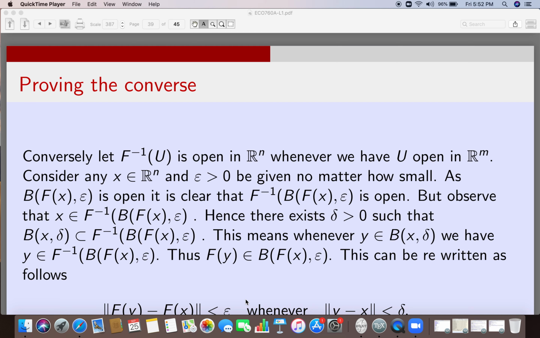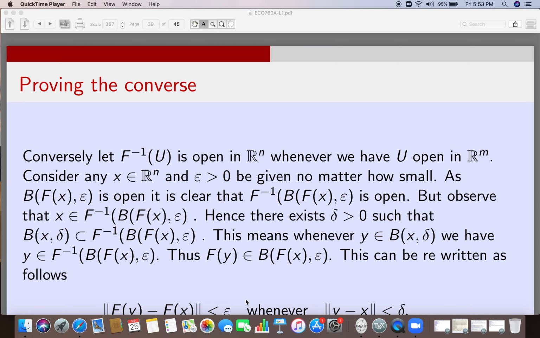The ball of radius epsilon centered at F(x) is open, because an open ball is open. So from our assumption, the inverse image of the ball is also open. But one has to observe that F(x) is in the ball itself, because F(x) is the center of the ball. So x is in the inverse image of the ball.